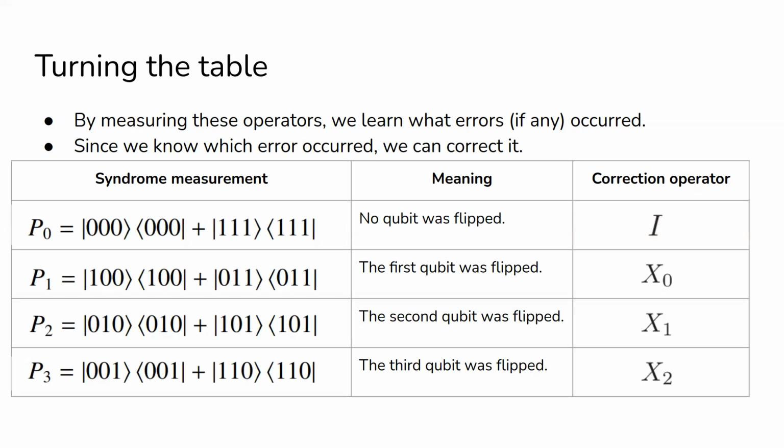Question: what if you project onto 0? There was no bit flip, but you checked to see if there was one. Do you mean the first row of this table? No, I'm saying you apply one of these projectors and the state wasn't in that subspace.